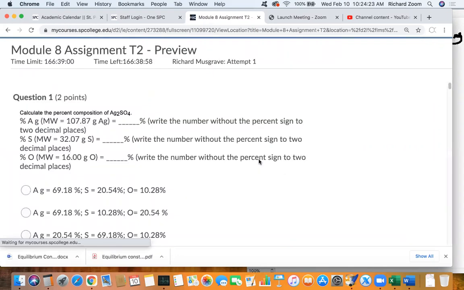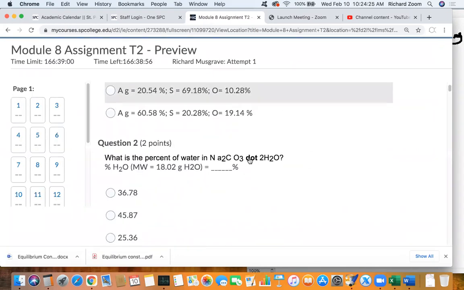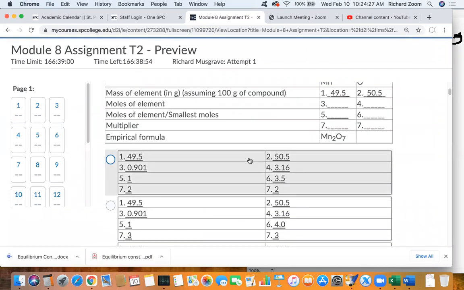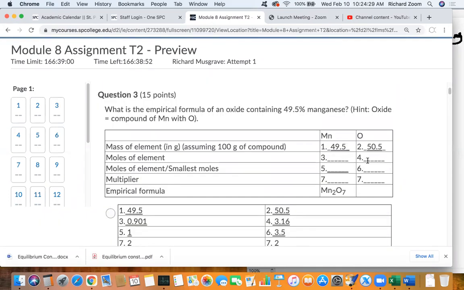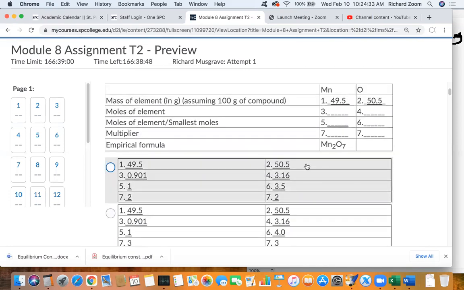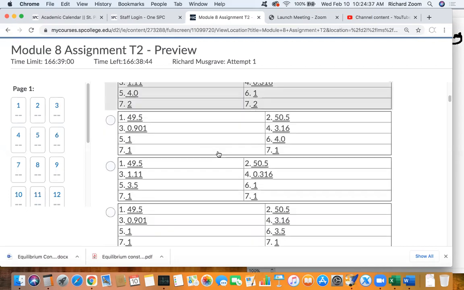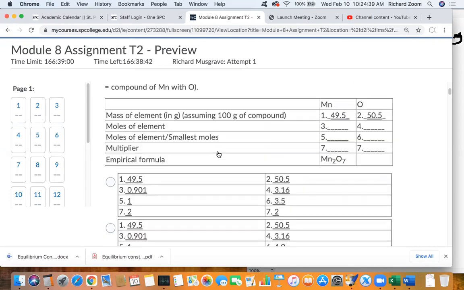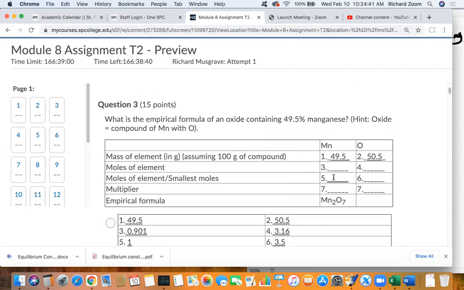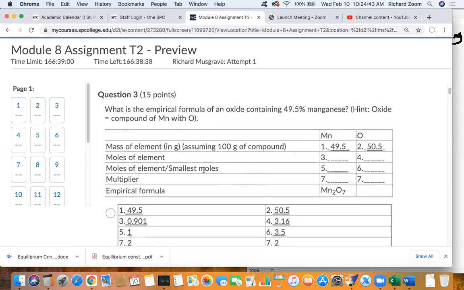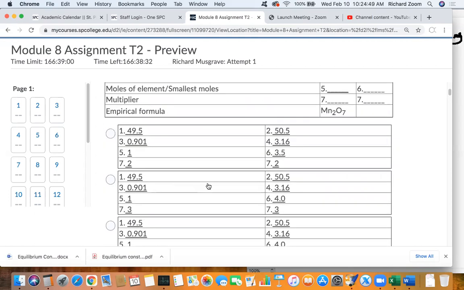Now these are a little bit different from the Module 7 ones in that they're all multiple choice. So I've got the table here, and then you have to choose which table matches what it should be. All right, so based on what you're seeing up here, moles divided by smallest and multiplier, and the empirical formula you're already given.